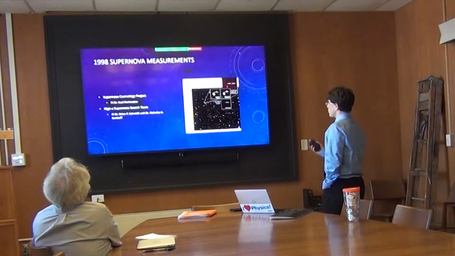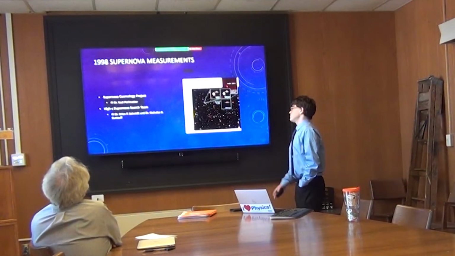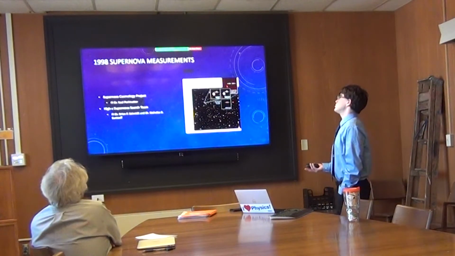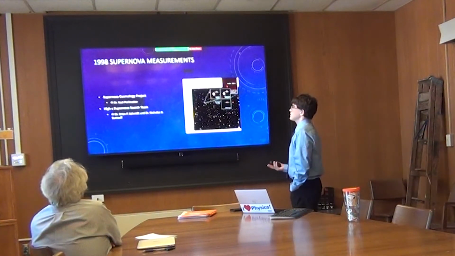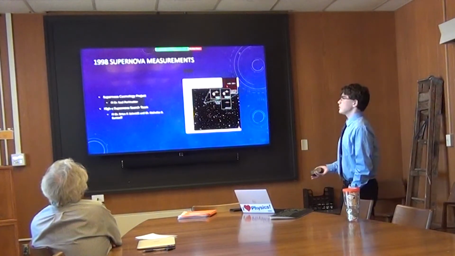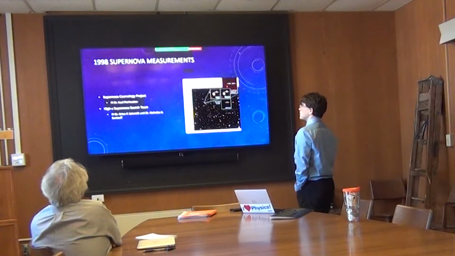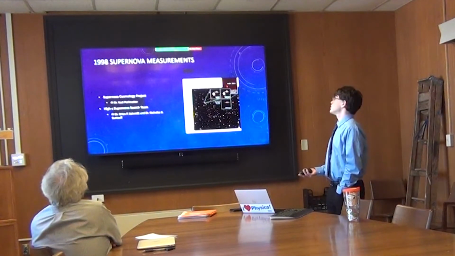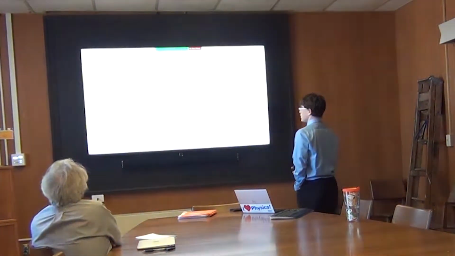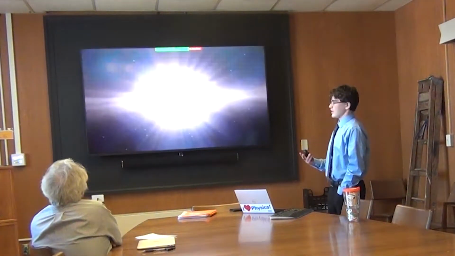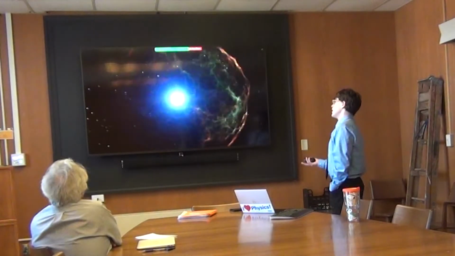There were two independent international astronomical collaborations, the Supernova Cosmology Project and the High-Z Supernova Search Team. And what they were doing was measuring the light emitted from type 1a supernovae. A supernova is when a star explodes, and this animation shows that explosion is quite bright.